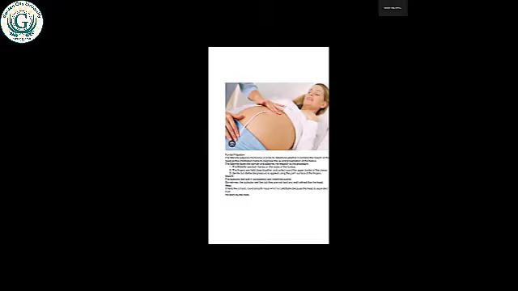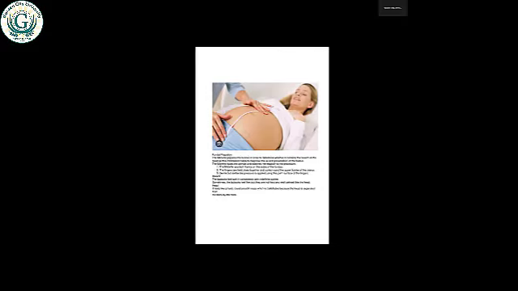Okay, Teresa. Yes, ma'am. So please, with the fundal height, you use the tape measure to measure from the top of the symphysis pubis to the highest point of the uterine fundus. And the measurements should be in centimeters.